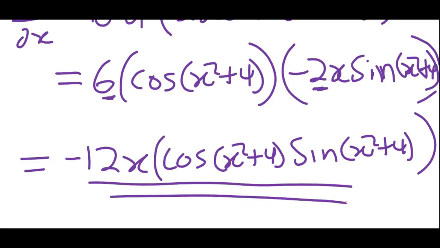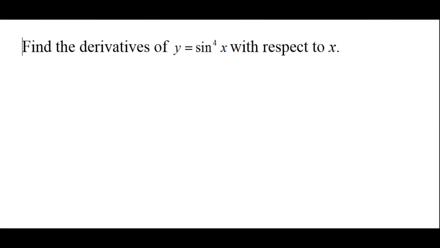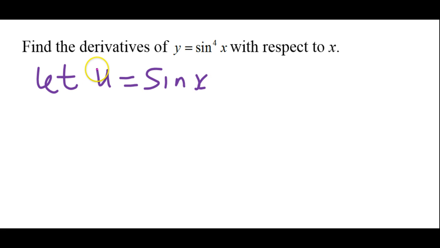Let's take another example to help us understand what we've done so far. Now, let's take this as a second example under the higher powers of trigonometric functions. Using the product rule again, we can let u be equal to sine x.